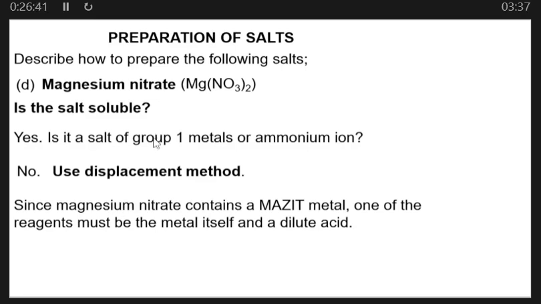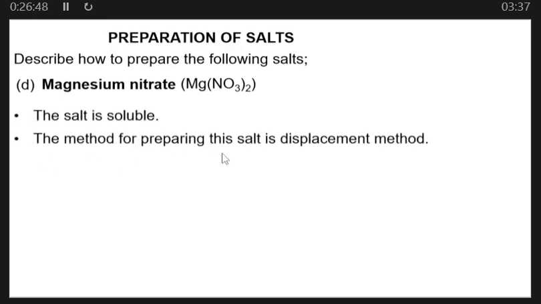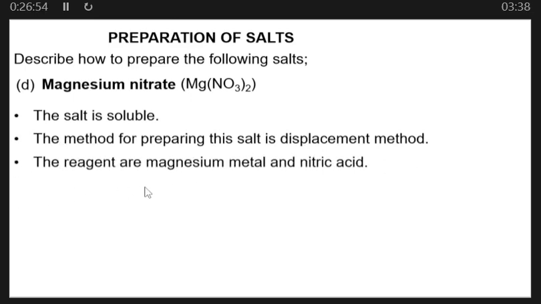So let's see. We have concluded that the salt is soluble. Then the method for preparing the salt is the displacement method of filtering and crystallization. The reagents for preparing the salt are magnesium metal and nitric acid. So let's look at the procedure.